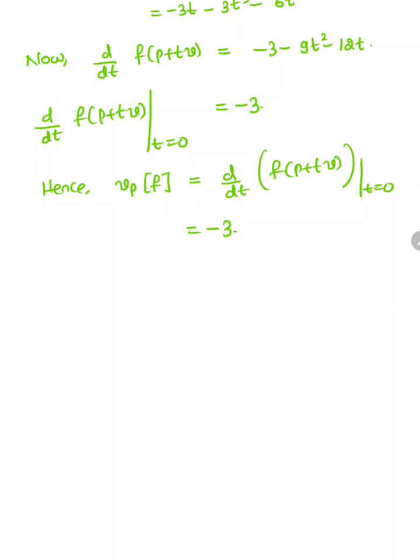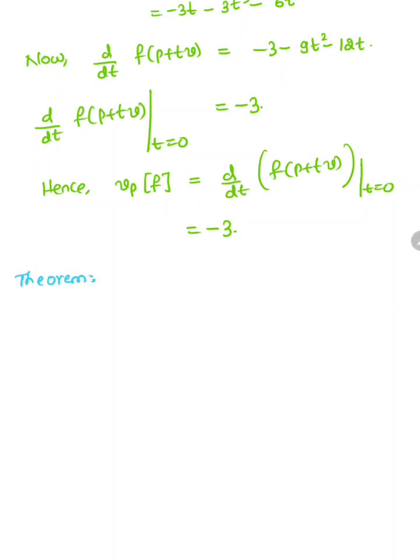Sometimes the formal definition of a directional derivative needs a somewhat long procedure. Therefore, there is a formula to find the directional derivative without performing all the traditional steps, which can be given in terms of a theorem. So let's see the theorem.